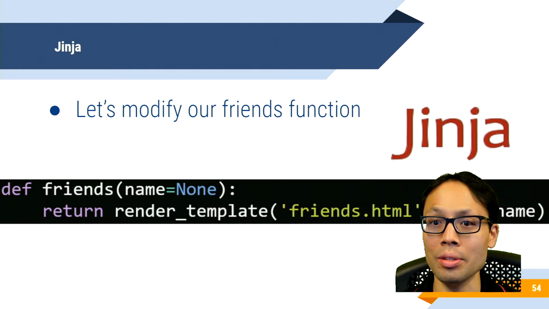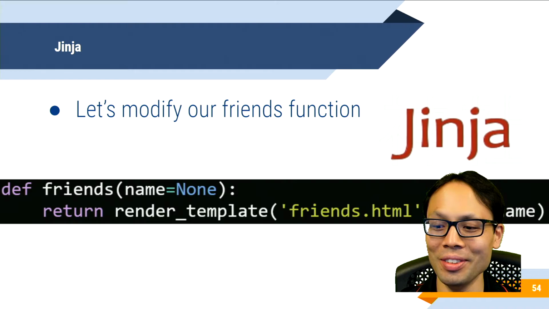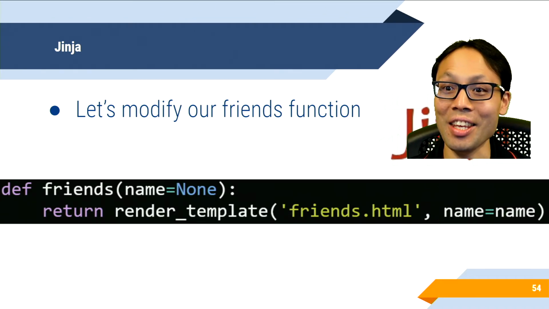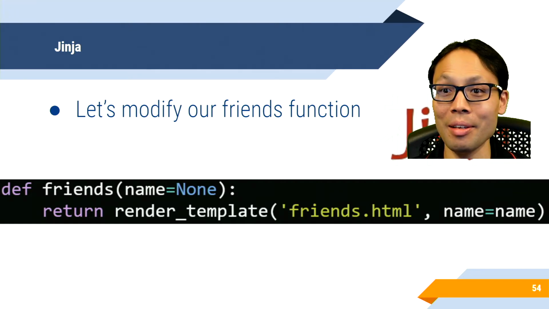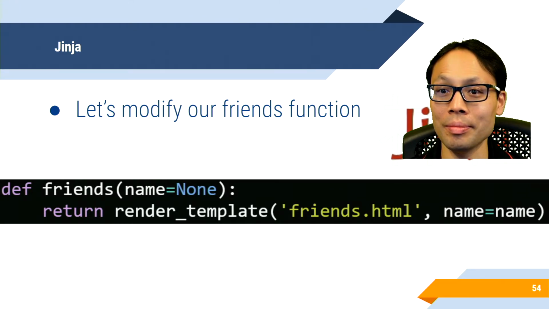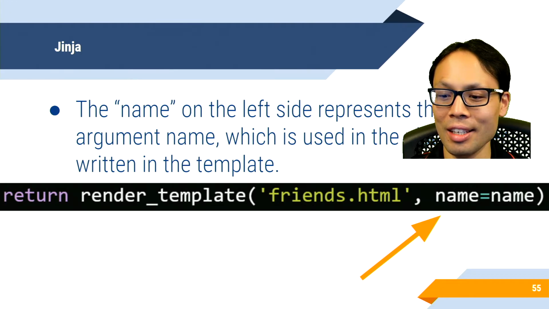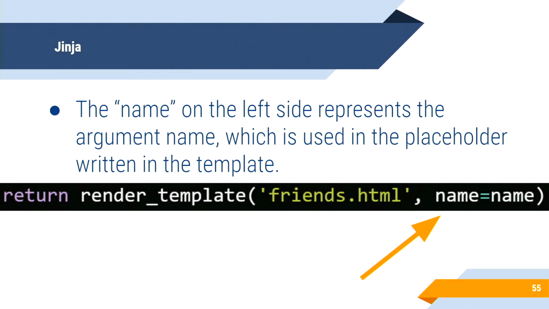And to do this, you would say comma name equal name. The name on the left hand side represents the argument name, which is used in the placeholder written in the template.